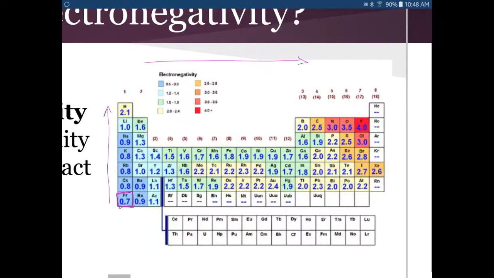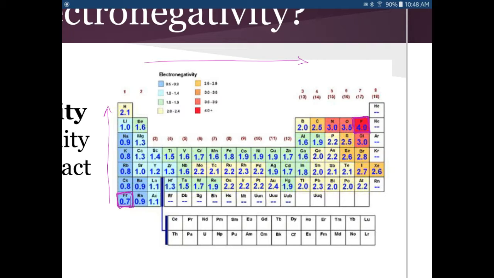And if I zoom in, it's a little bit blurry. And as we go up and to the right, we notice that our highest electronegativity is fluorine with an electronegativity of 4.0. So we have this scale, and it's a relative scale of our elements' ability to pull electrons.